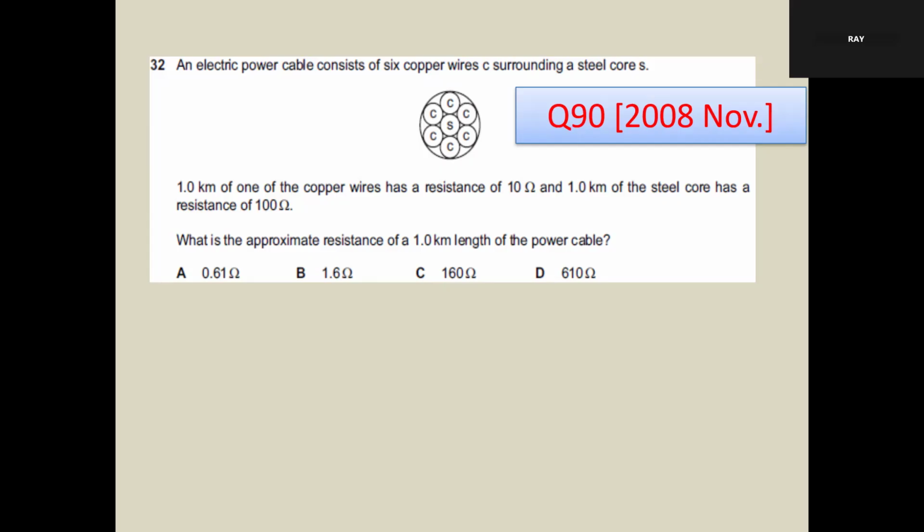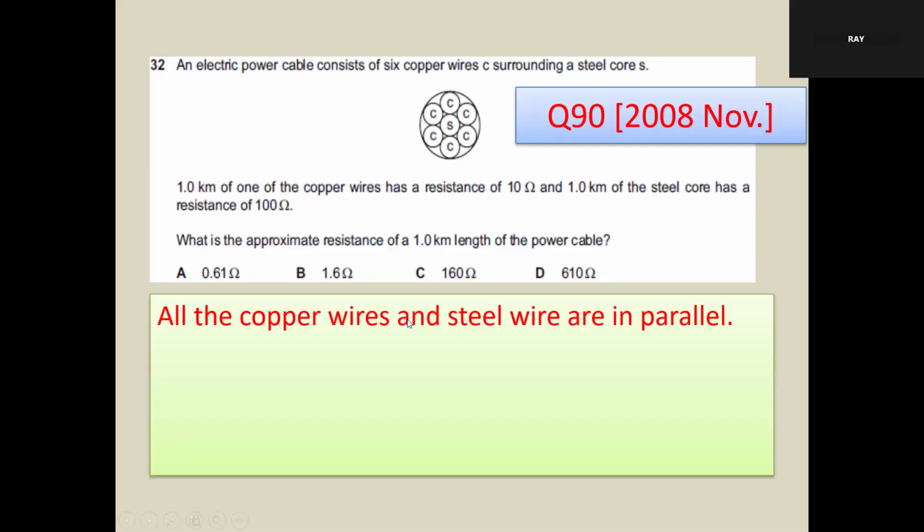You have to decide whether the wire is in parallel or in series. Copper wire and steel wire are in parallel. Total resistance of copper is 10 divided by 6, as there are 6 of them in parallel.